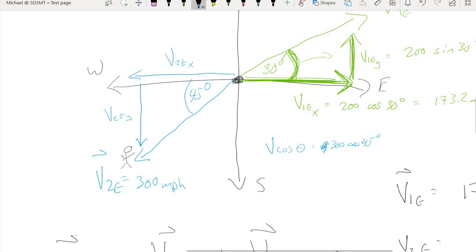which is 212 miles per hour. So we have 212 miles per hour to the negative x direction, so I'll just call that negative 212. And we have a negative 212 in the y direction.